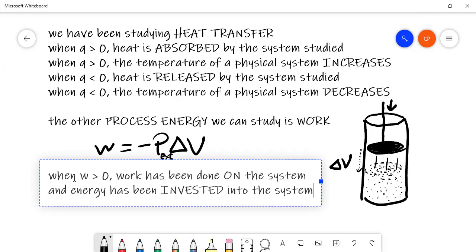I've raised their internal energy, to use a term I'm going to define more fully later. Okay? So work that's positive is energy invested into the system.